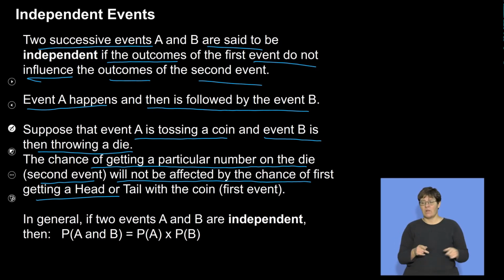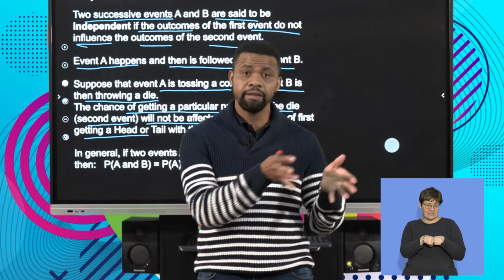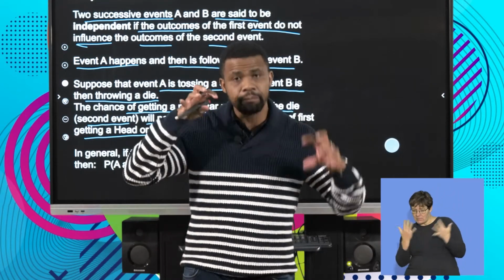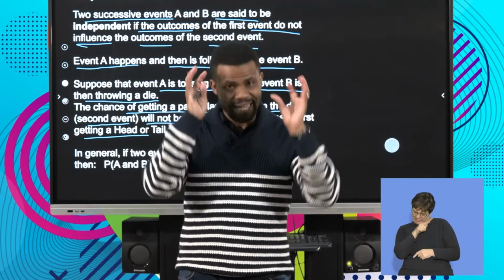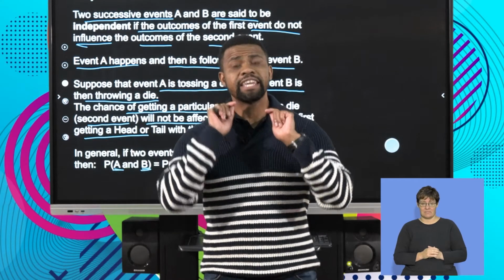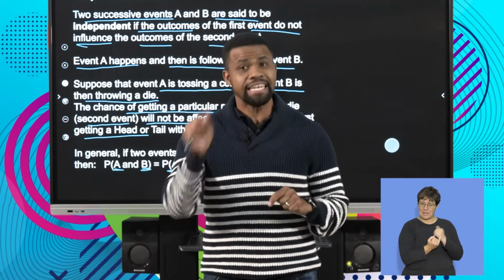In general, in mathematics, we'll use this formula to test whether events are statistically independent, or to calculate probability given that they are independent. So the probability of A and B will be the probability of A multiplied by the probability of B, given they are independent.